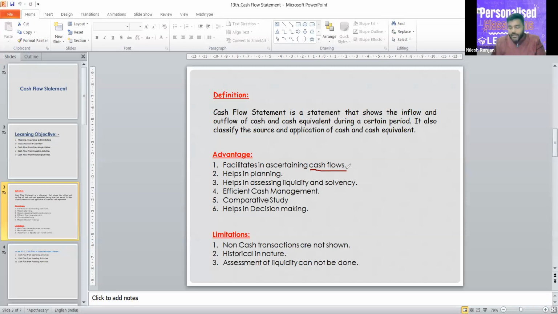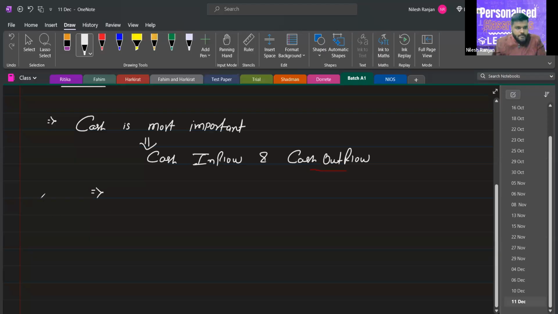Next is helps in planning. Now there is a thing that is called budget. You know about this? Budget.